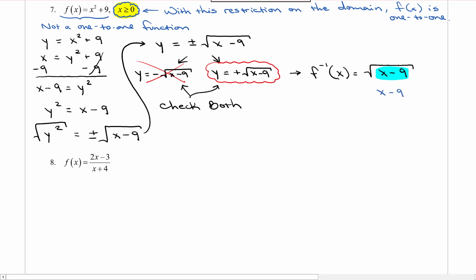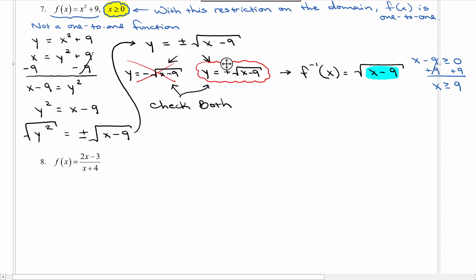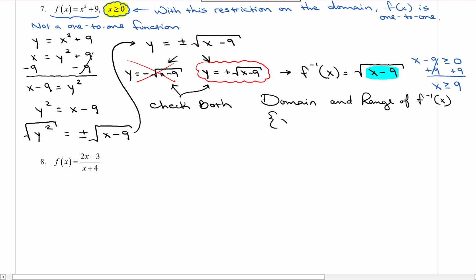Now, I need to know the domain. I'm going to set my domain greater than or equal to 0 and solve for x. X has to be greater than or equal to 9. So my domain, and the range, remember, if you remember by looking at the graph what our range was, hopefully.